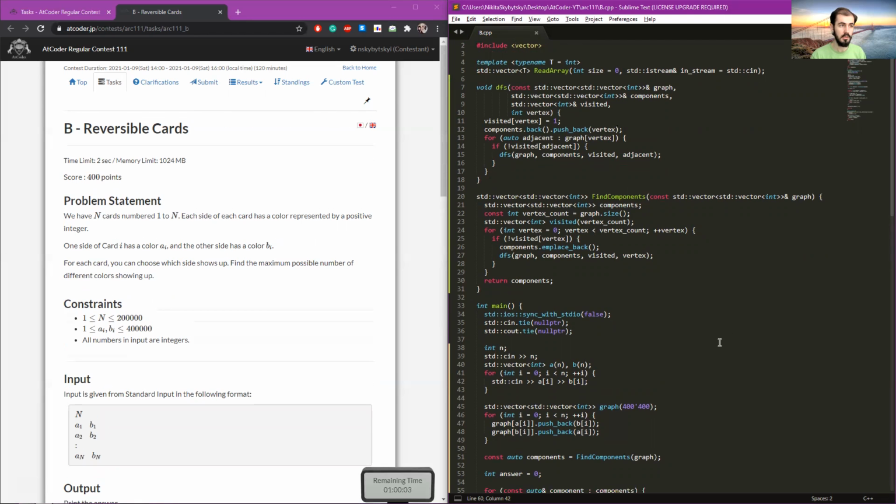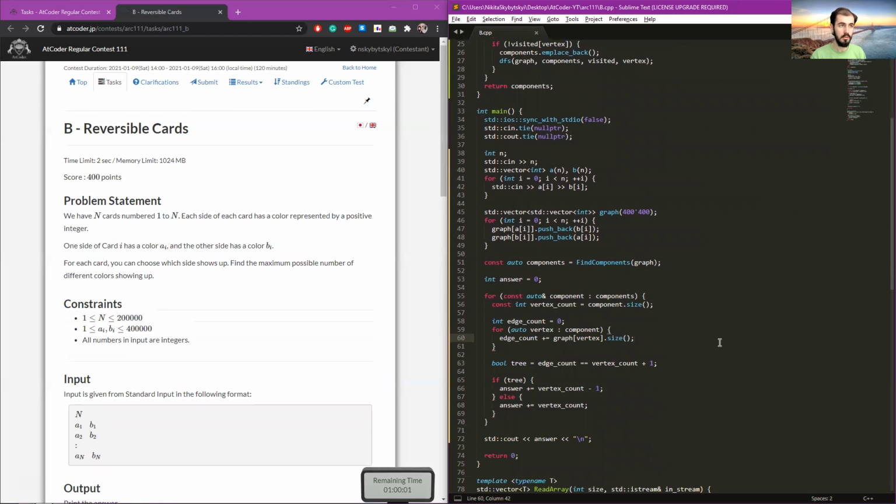Interesting. How would that happen though? Yes, we have a component that is like, but we should get vertex count equals, I don't know, edge count for this extra component should remain 0.